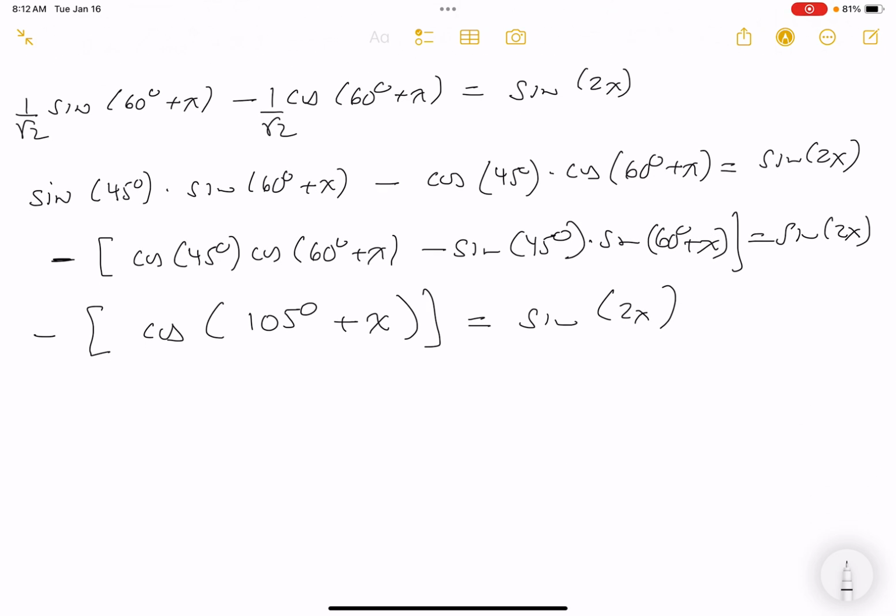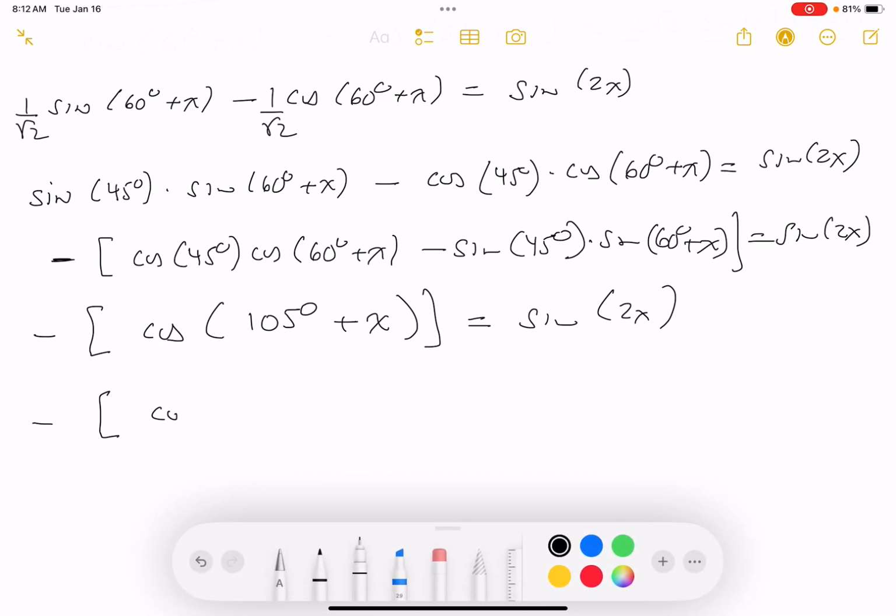All right, it'd be nice if both sides were sines, by the way. And I'm going to rewrite this as minus the cosine. Nope, not the cosine. I'm going to write cosine again. I want to get it in terms of sines. And I use a cofunction identity that the cosine of theta is going to be the same thing as the sine of 90 degrees minus theta. All right? So let me write this over here.